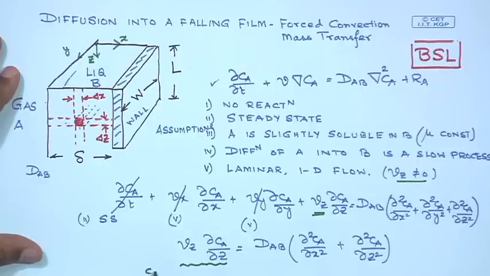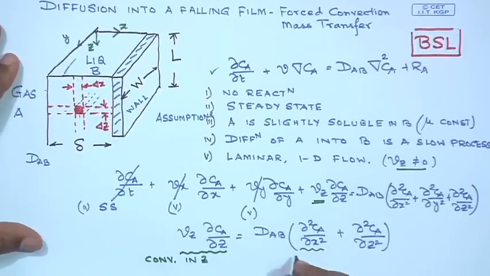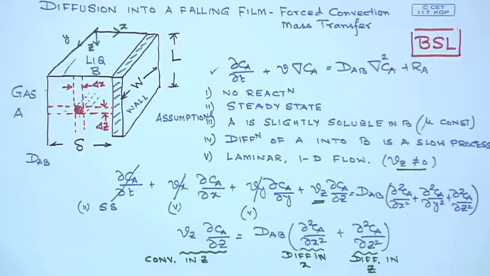So, this is convection in z, this one multiplied by D A B is diffusion in x, and this multiplied by D A B is diffusion in z. At this point, I think we can make a judgment about which is going to be important in this case.